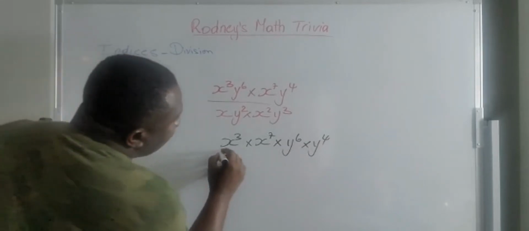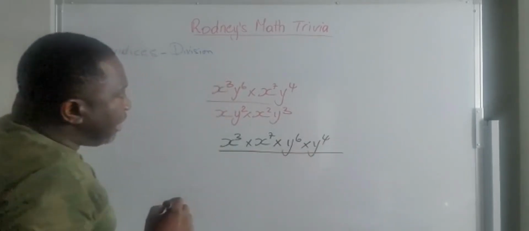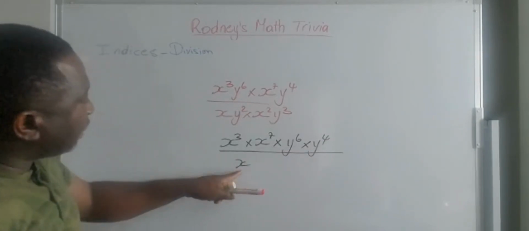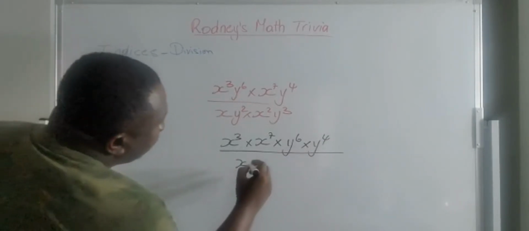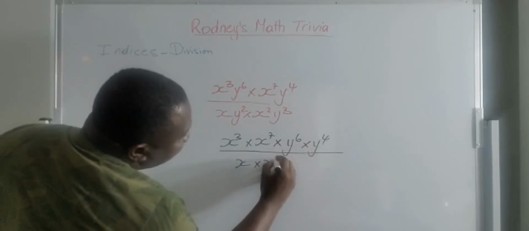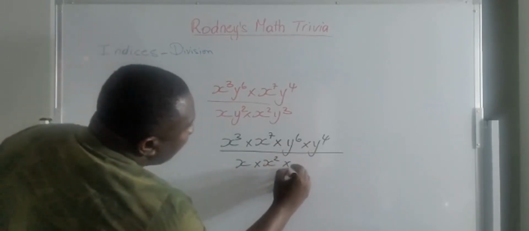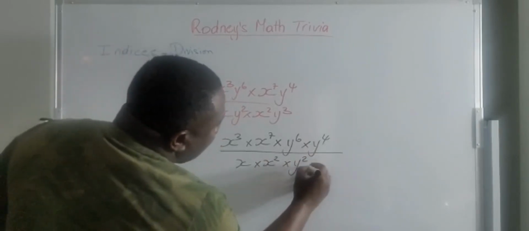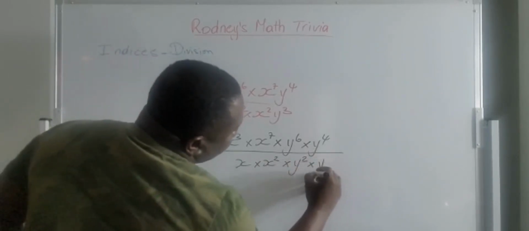Next we are going to simplify our denominator. This is really x to the 1st times x to the 2nd multiplied by y to the 2nd times y to the 3rd.